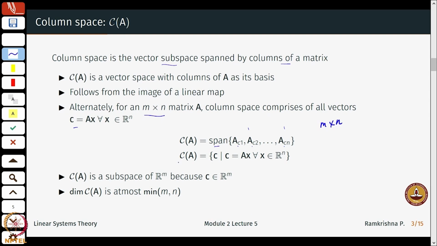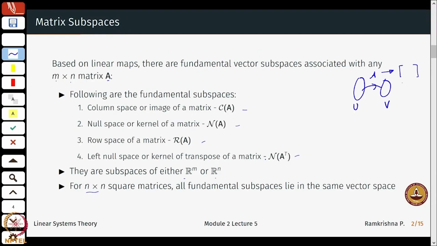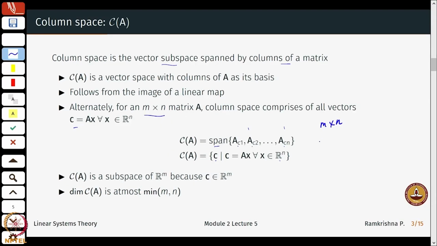Alternatively, C of A is all the vectors c which satisfy c equal to Ax for all x coming from Rn. So your map A is from Rn to Rm.